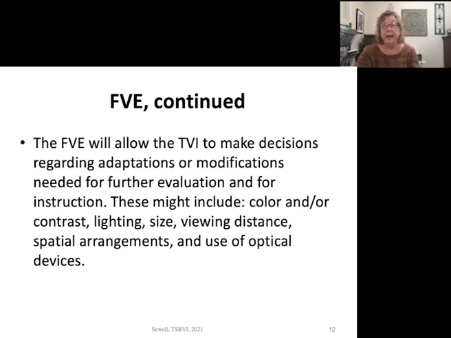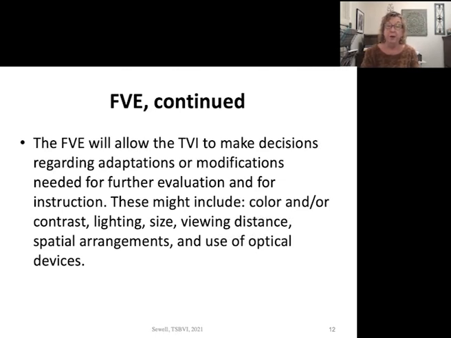The FVE allows the TSVI, the teacher of students with visual impairments, to make decisions regarding adaptations or modifications needed for further evaluation and instruction. So that's what I was saying a few minutes ago, that you might need to share that information with the other staff members that are doing evaluations on your student.